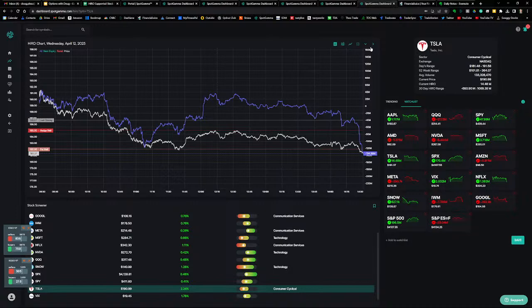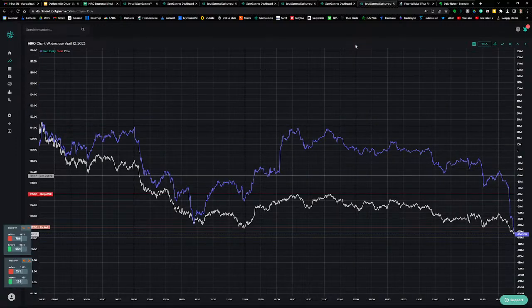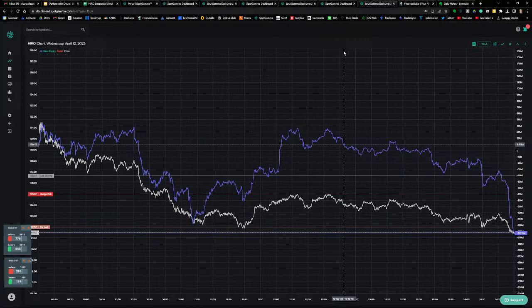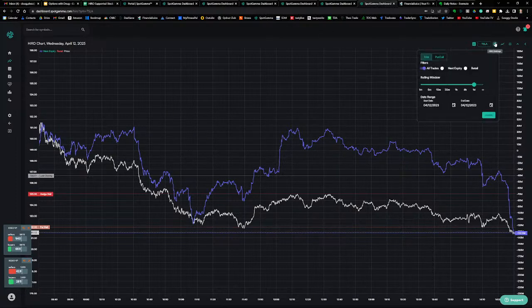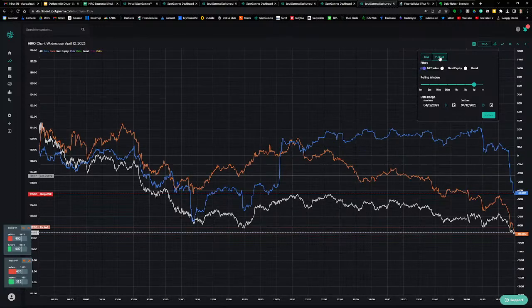Let's take a look at Hero. Here's Tesla. Hero for Tesla has been a little bit more difficult to interpret some days. But here the overall trend is negative delta, separating out puts and calls.